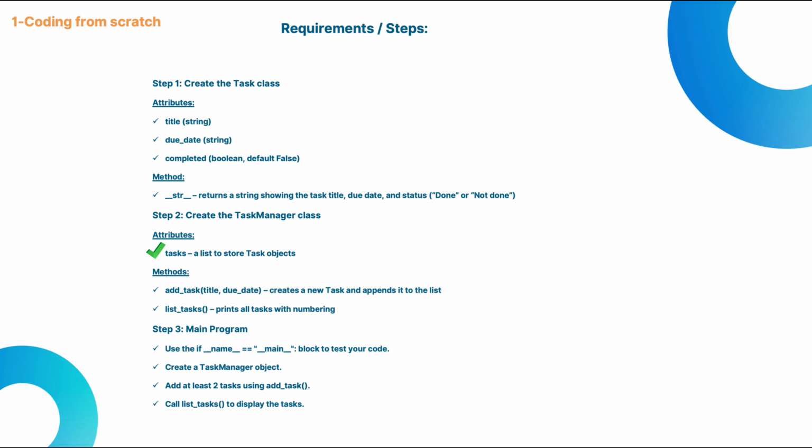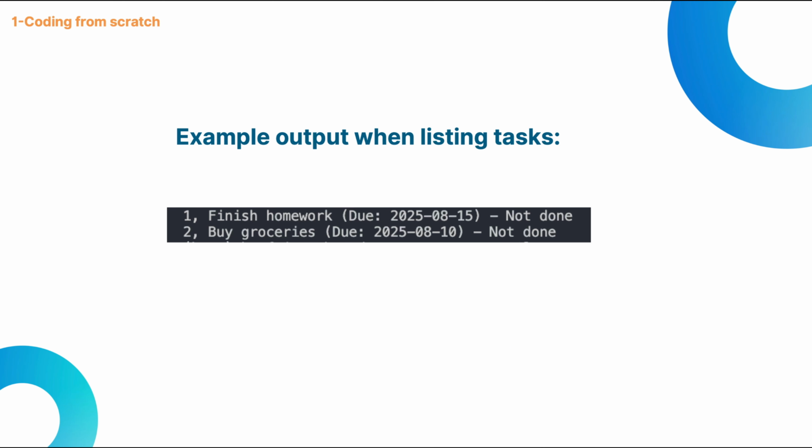Give it a tasks list, an add_task method to store new tasks, and a list_tasks method to print them with numbers. Step 3, in the main program, use if __name__ == "__main__". Create a TaskManager object, add at least two tasks, and list them. For example, if you list your tasks, it may look something like this, nice and clean.